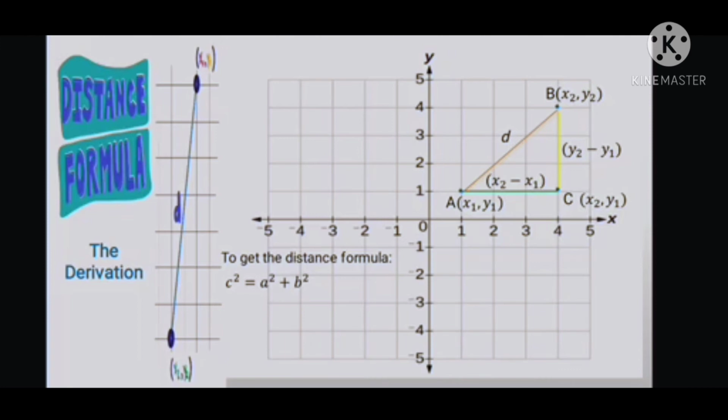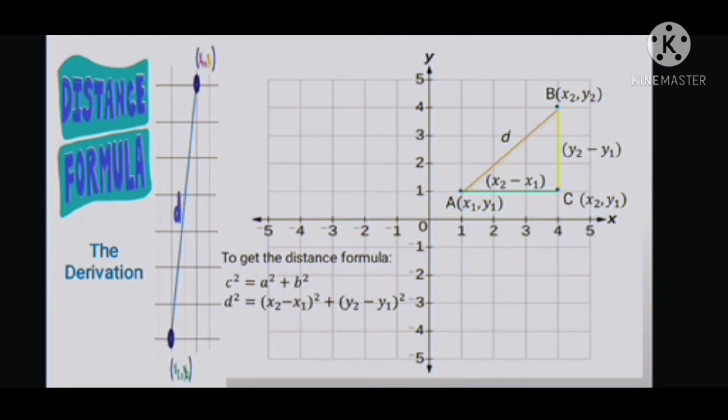Okay, so next step, we're going to substitute the length of the sides. So again, the longest side is the hypotenuse, and it is denoted as d. Our c is d, then our a is x sub 2 minus x sub 1.